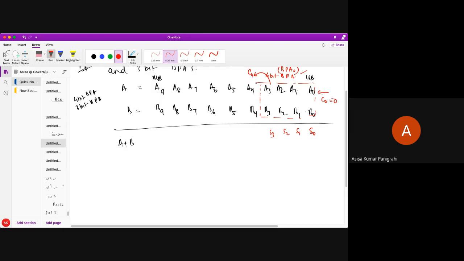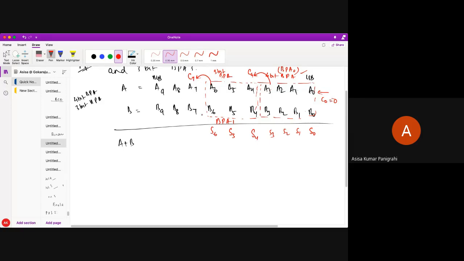Now A4, A5, A6 and B6, B5, B4, these 3 bits, can be added with the help of a 3-bit BPA, which is called BPA1, and it generates S4, S5 and S6 with the next propagation carry, which is C7. Are you understanding?